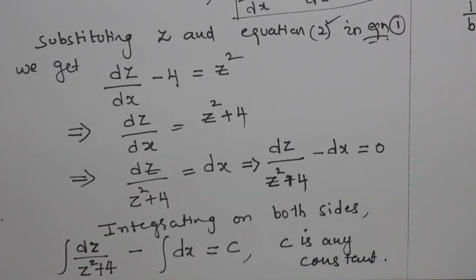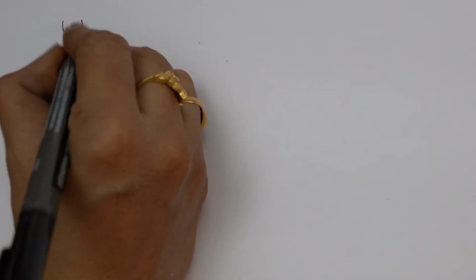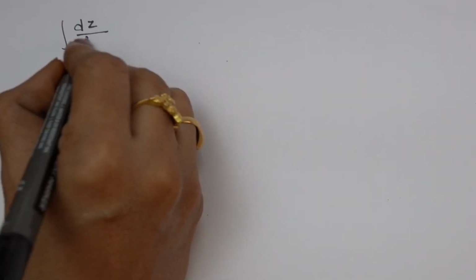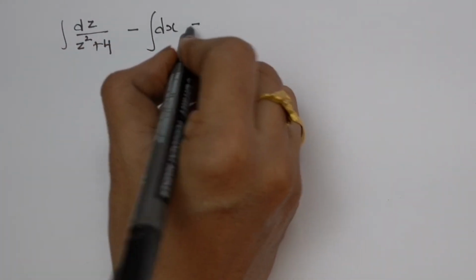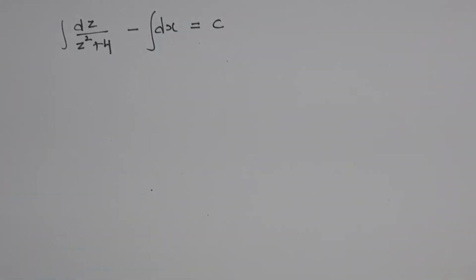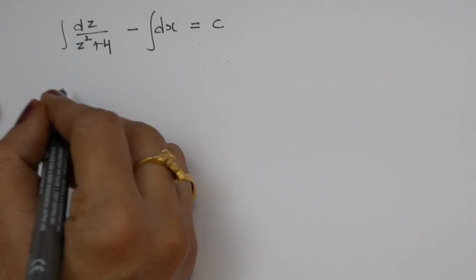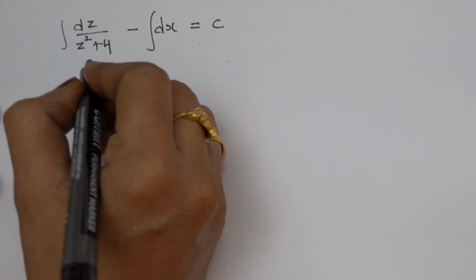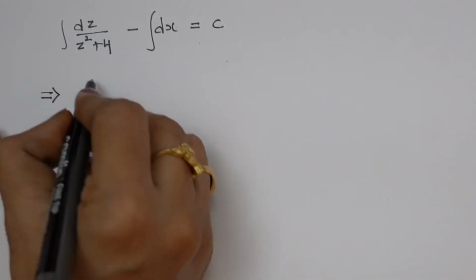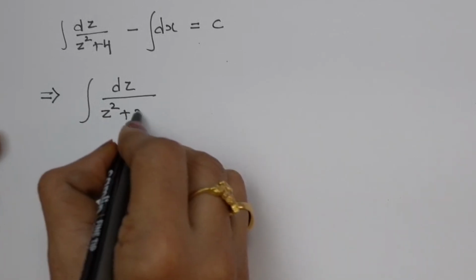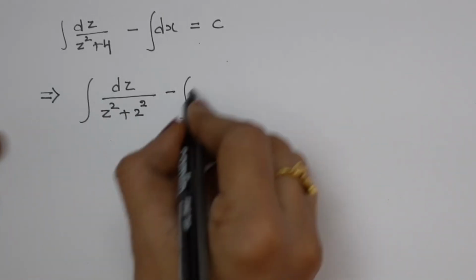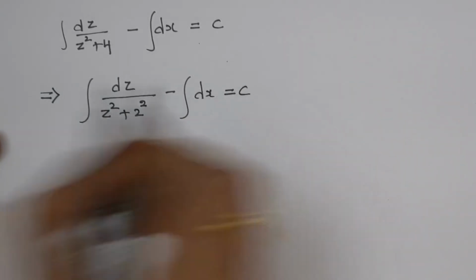Okay. Now, integral dz by z square plus 4 minus integral dx is equal to c. So, what is integral dz by z square plus 4? I can write this one as integral dz by z square plus 2 square minus integral dx is equal to c.